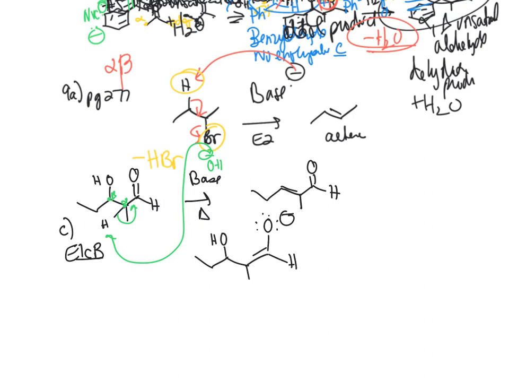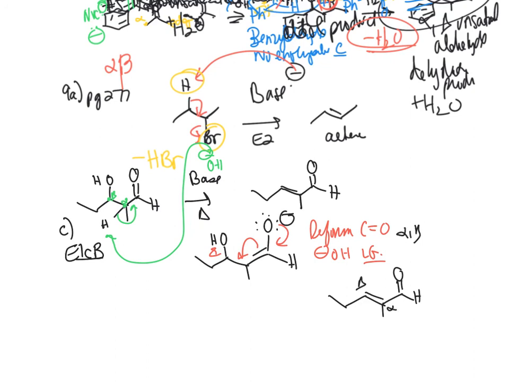Okay, now that then wants to reform the carbonyl. Those electrons kick over to make OH, which is normally a bad leaving group, into a leaving group. And so then that product becomes alpha, beta unsaturated.